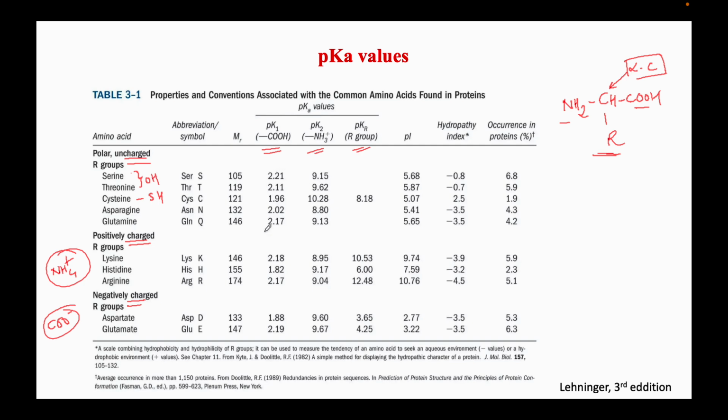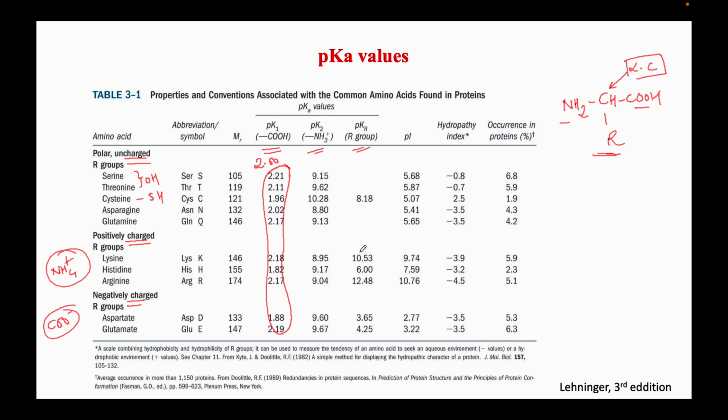As you can see in this table, we can approximate the pKa of the carboxyl group as 2.